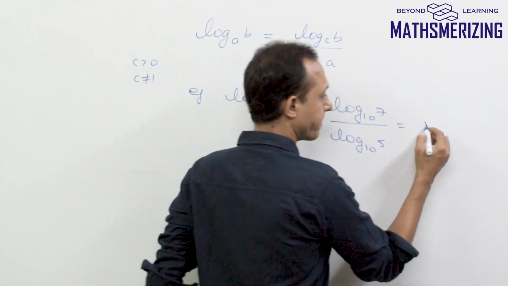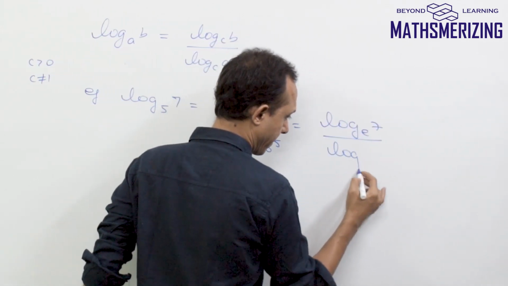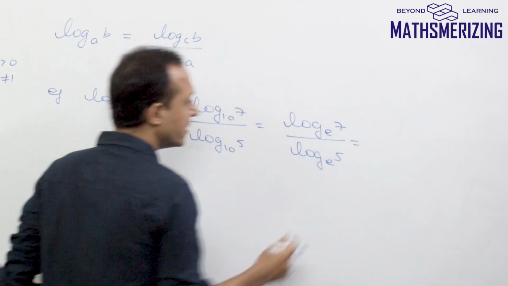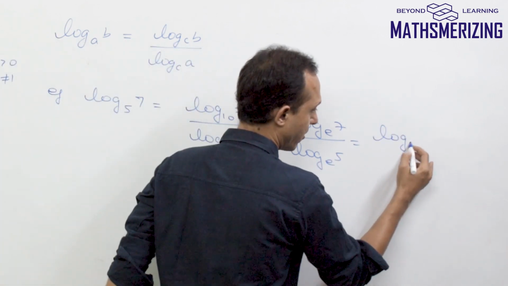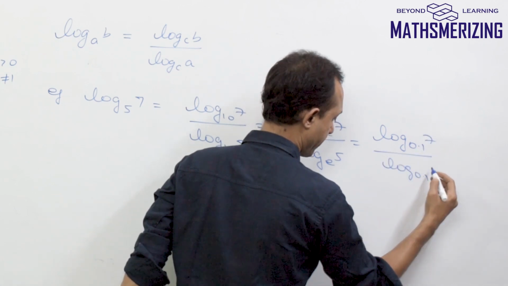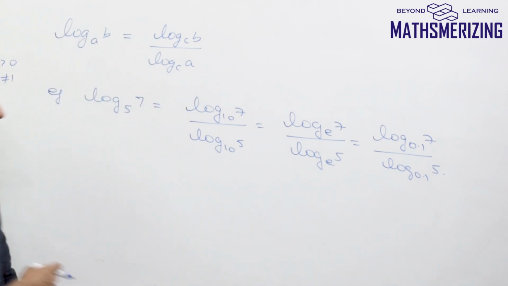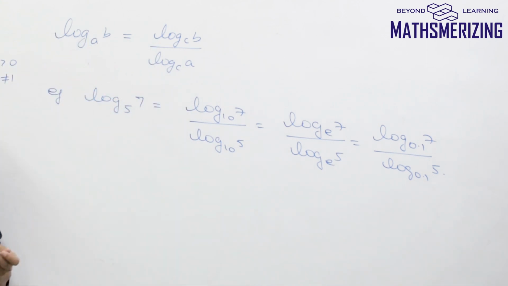They can write it as log 7 base e upon log 5 base e. Suppose I want to use 0.1 as base. So I can also write it as log 7 to the base 0.1 upon log 5 to the base 0.1. So if I want, I can change the base of any number.